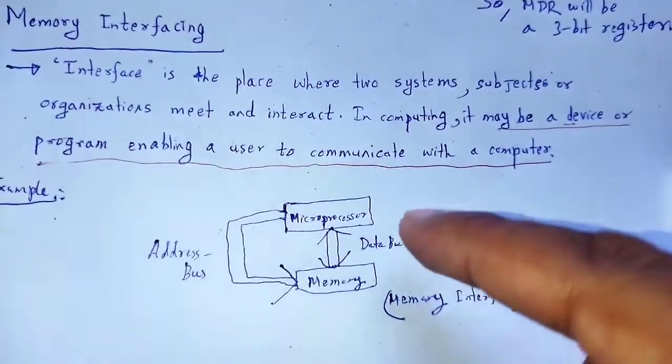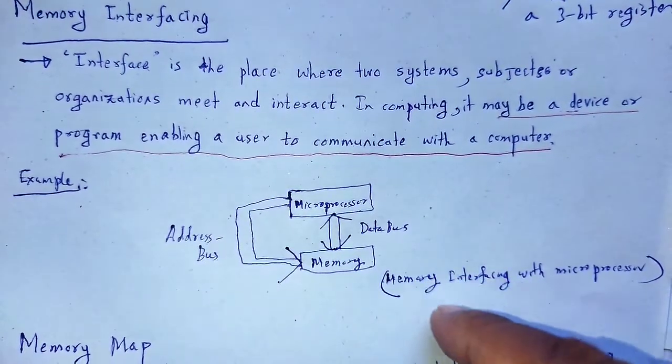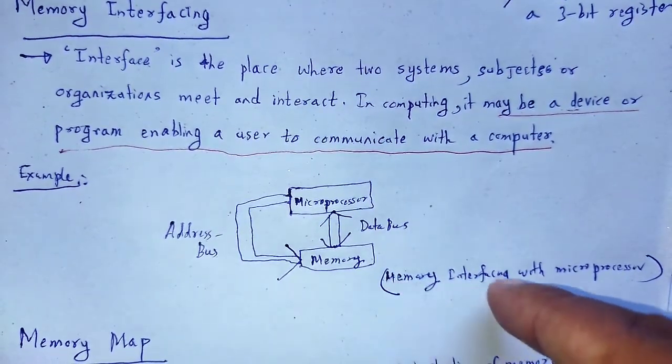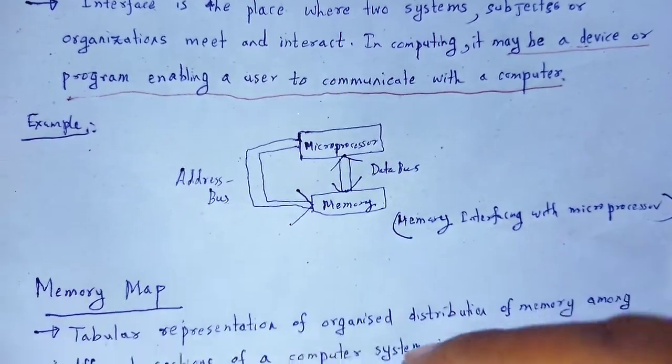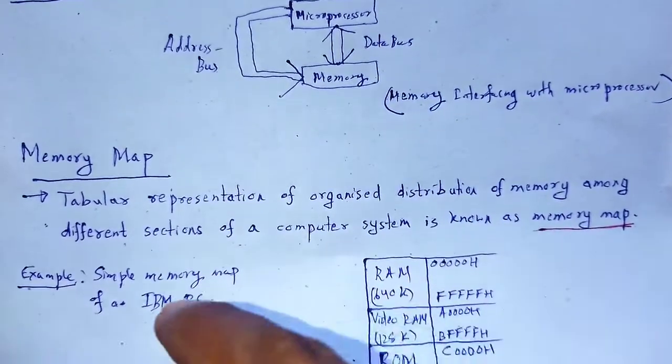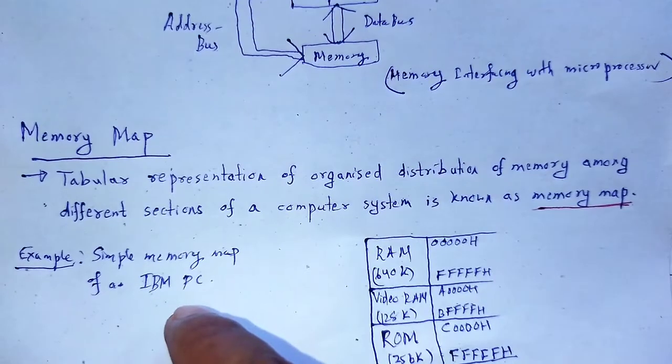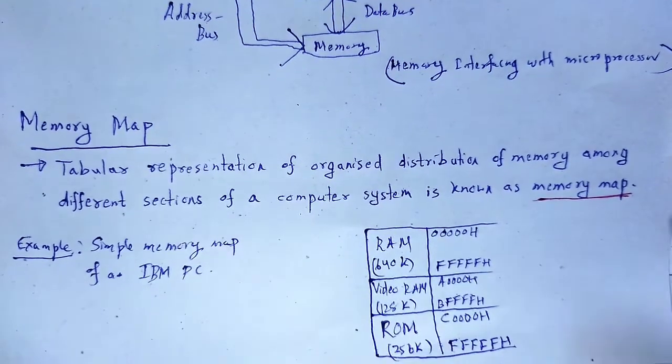Memory interfacing, an example of memory interfacing with a microprocessor. Next, memory map, an example of an IBM PC.